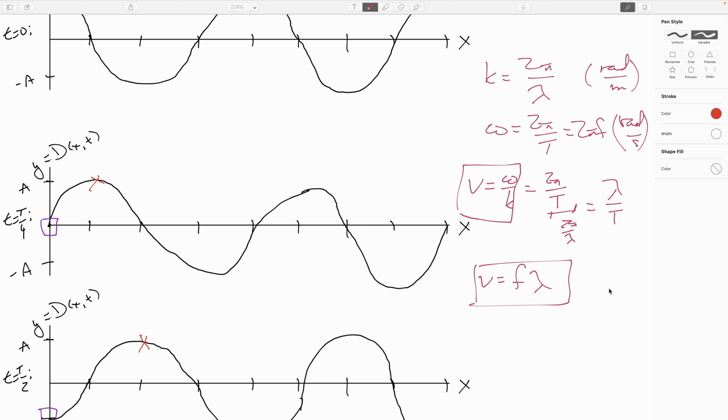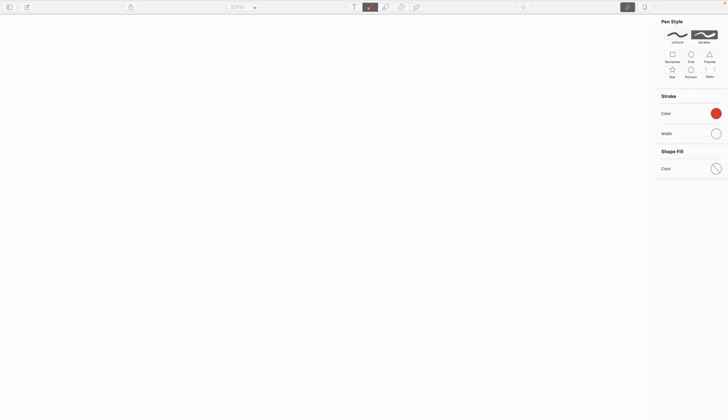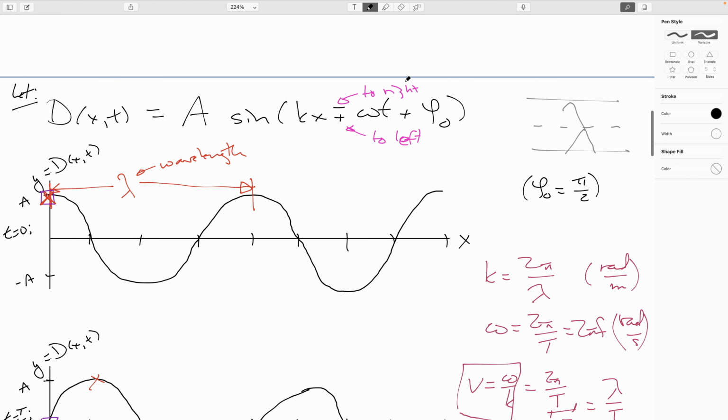Now, because of these 2 pi's showing up all the time, I'll just observe that we are free to write our equation for a sinusoidal wave, like we were doing before, as D of x and t equals A sine of kx minus or plus omega t plus phi naught, where A is the amplitude of the wave, and that has to be in meters.